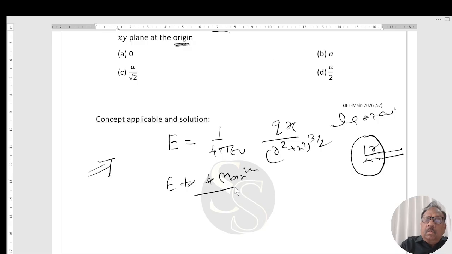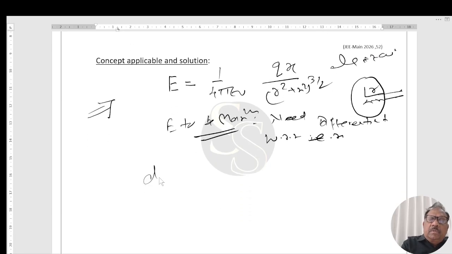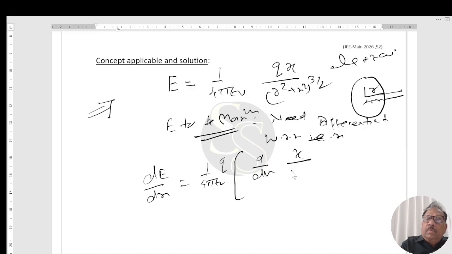Now for E to be maximum, we need differentiation with respect to position, that is with respect to x. d by dx will be 1 over 4 pi epsilon naught Q constant, d by dx of x upon r square plus x square to the power 3 by 2.